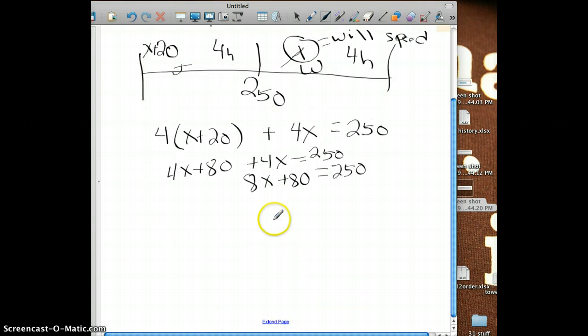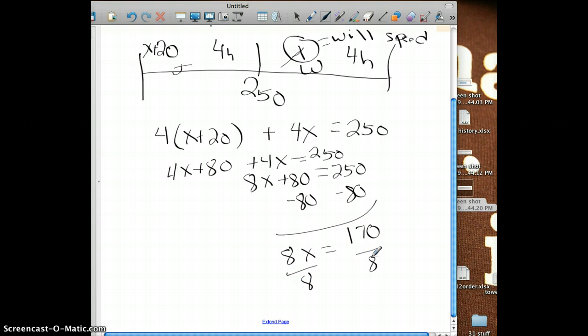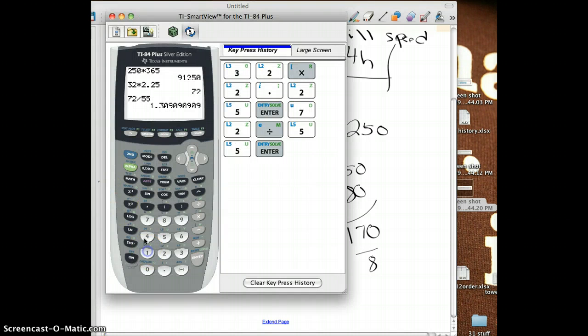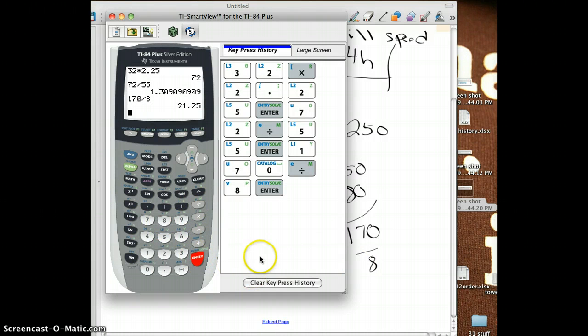And then subtract 80 from both sides, and I'm left with 8x equals 170. Divide both sides by 8. 170 divided by 8 on my calculator gives me 21.25, which is 21 1/4.